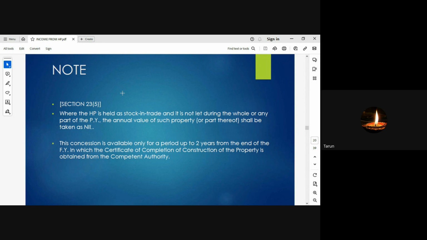Always remember, if you have purchased a property and are now constructing it to let out for residential or commercial purposes, the concession is available up to 2 years. It means you need to finish your construction within 2 years. Only in that case will you receive the concession from the competent authorities. It is always given in the question.